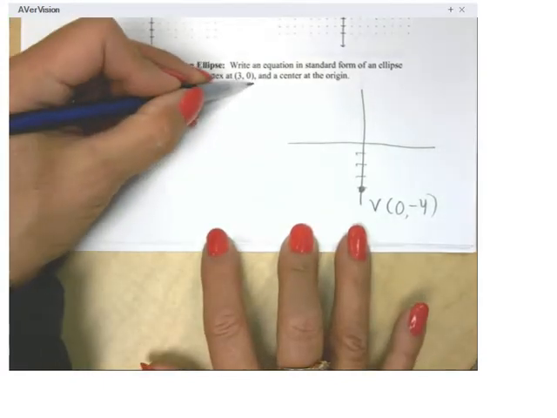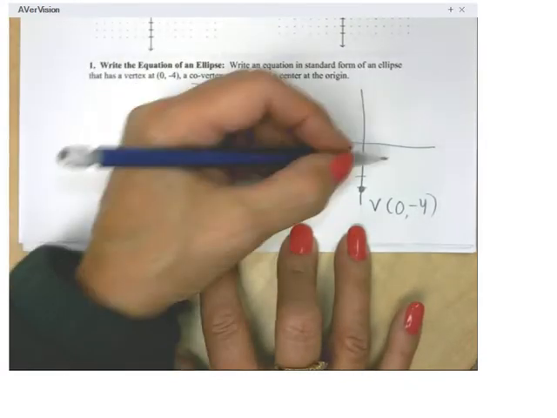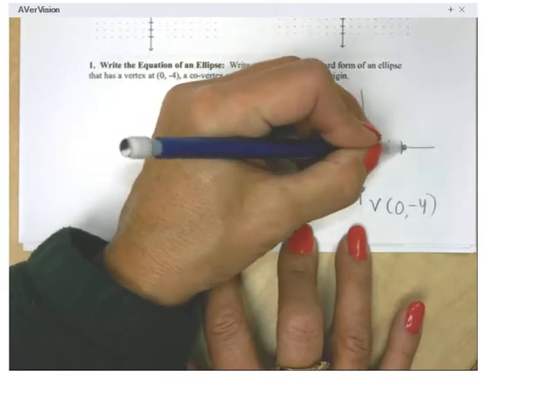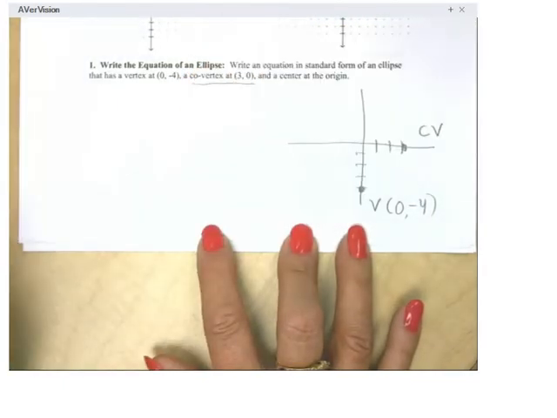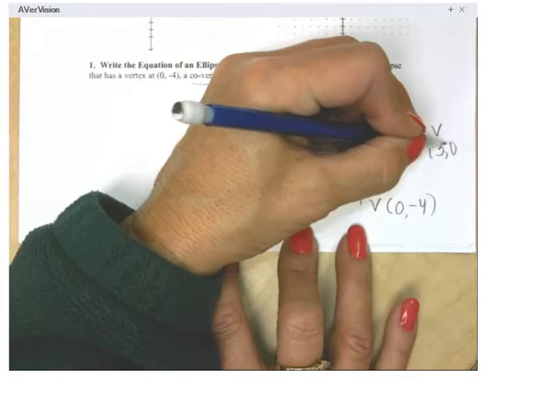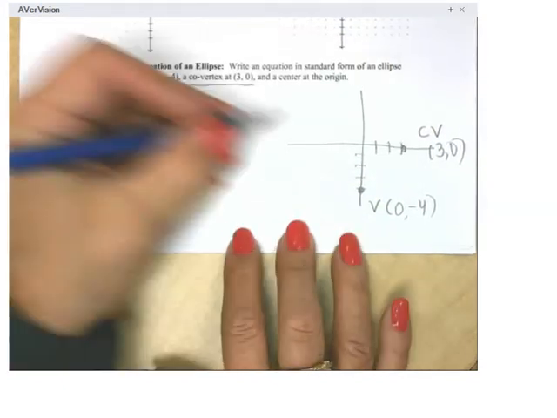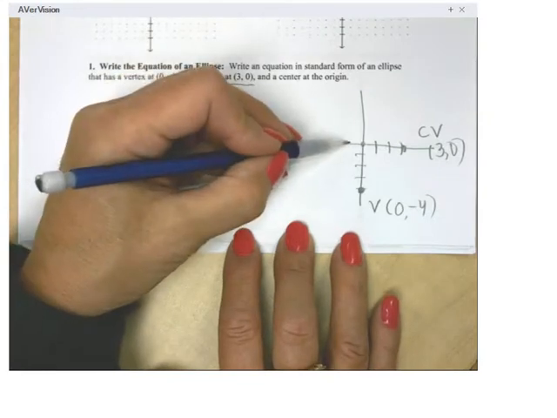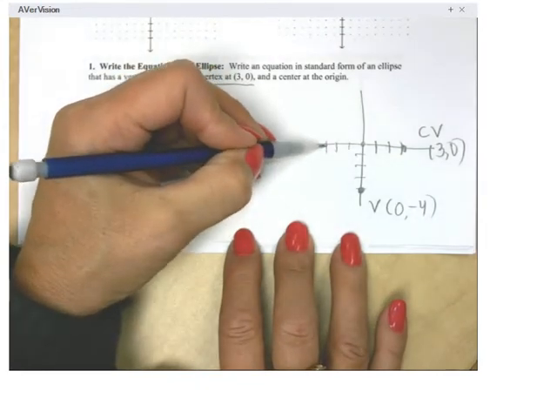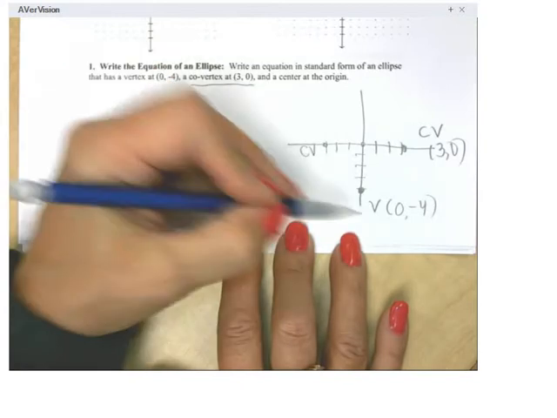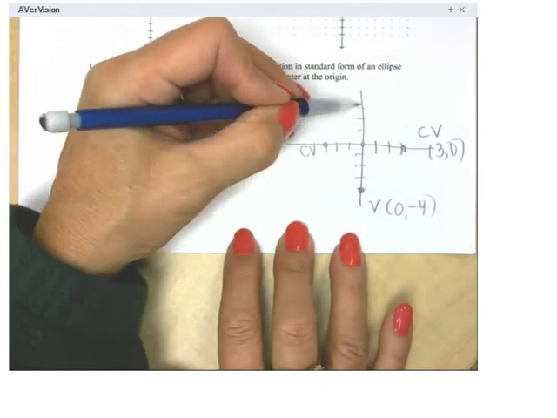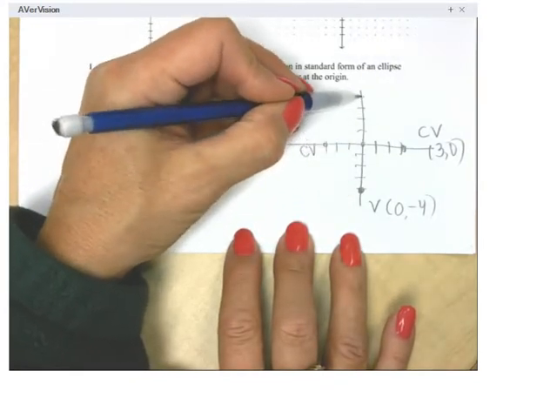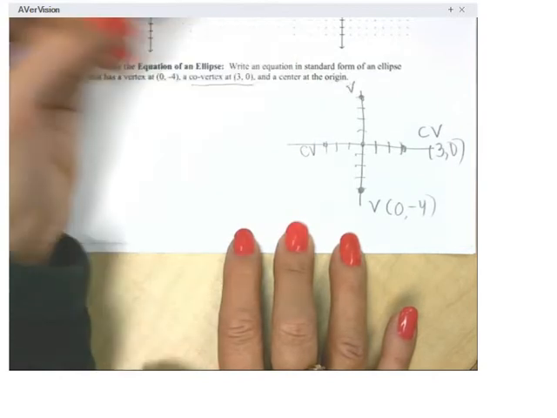And I know I have a co-vertex at 3, 0. And I'm going to have the center at the origin, which means I need to have another co-vertex over here. And I'm going to have another vertex up here, 1, 2, 3, 4, up here.